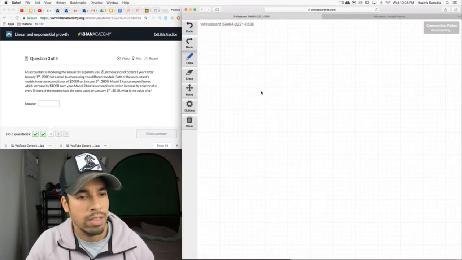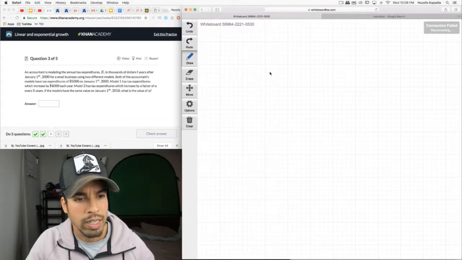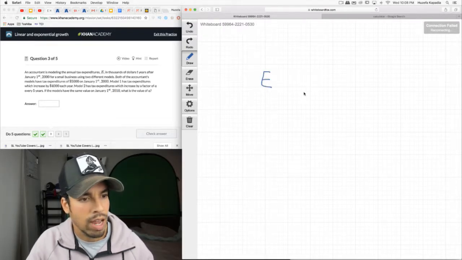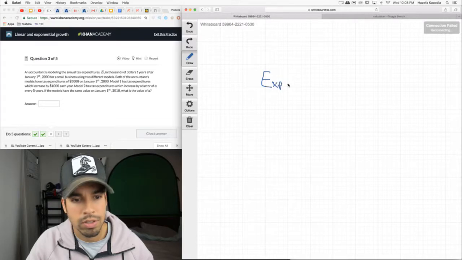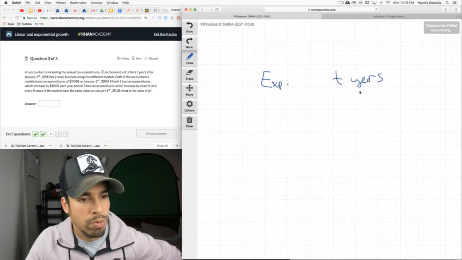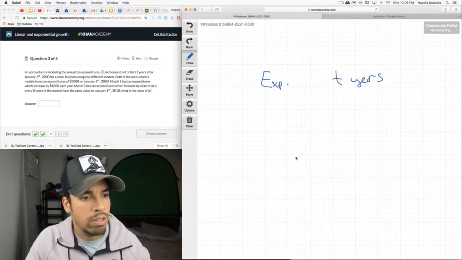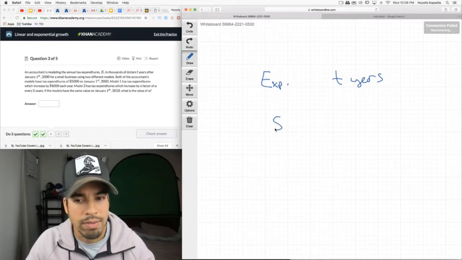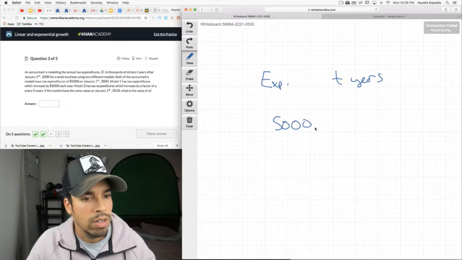An accountant is modeling the annual tax expenditures E in thousands of dollars T years after January 1st. Okay. So that's tax expenditures T years. All right. For a small business using two different models, both of the accountant's models have tax expenditures of 5,000 on January 1st, 2000.